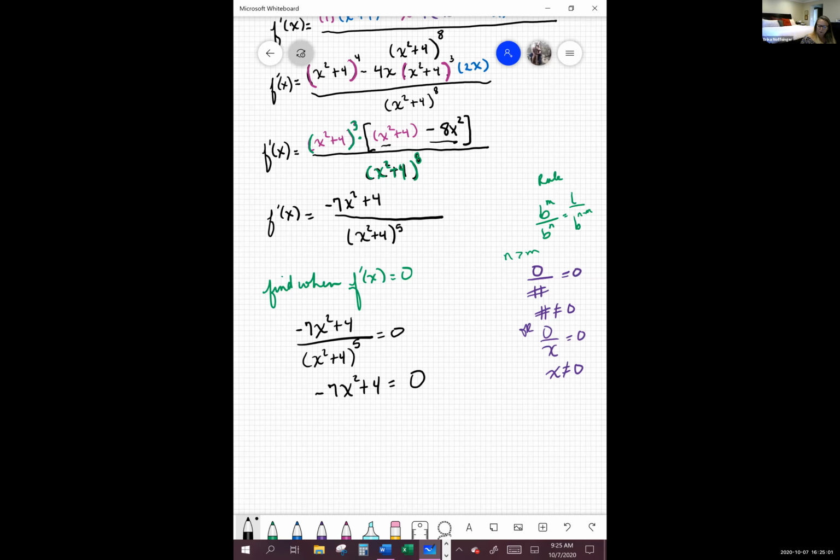So let's subtract 4 on both sides. We get negative 7x squared is equal to negative 4. Divide both sides by negative 7. We get x squared is equal to, well, negative 4 over negative 7 is actually positive 4/7.